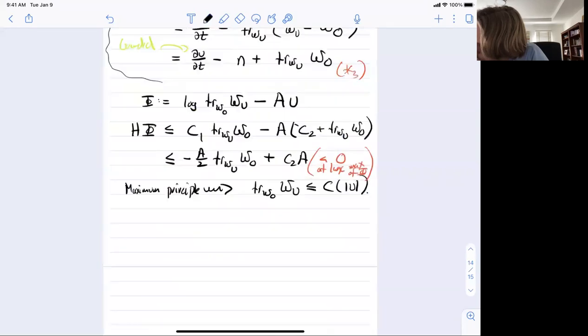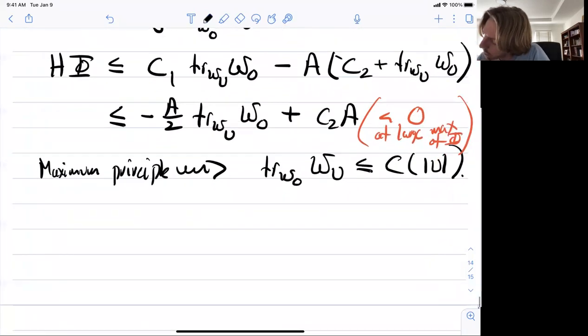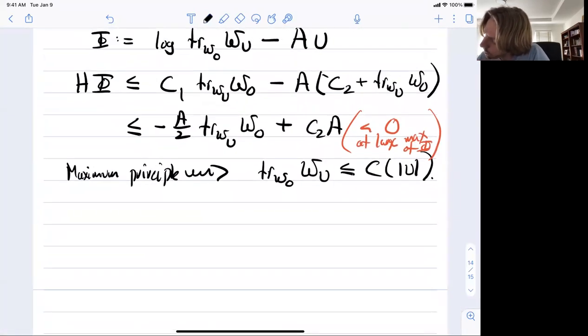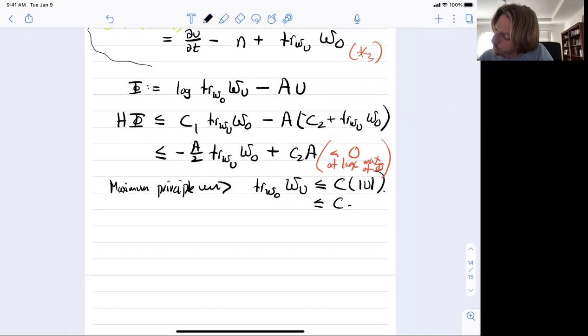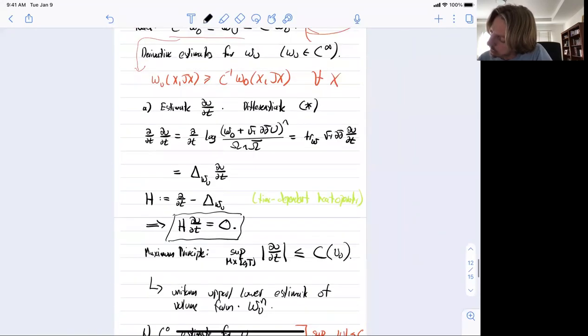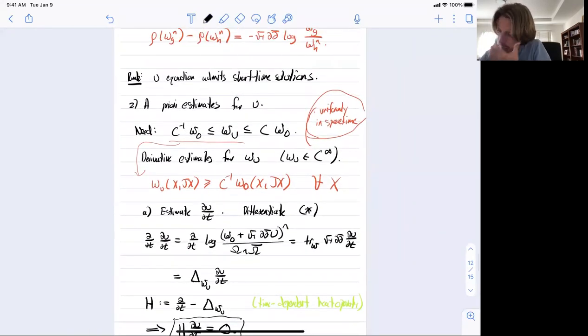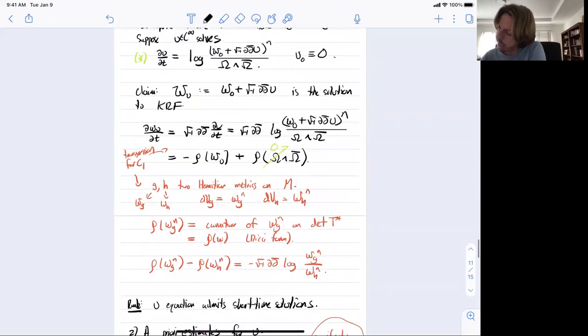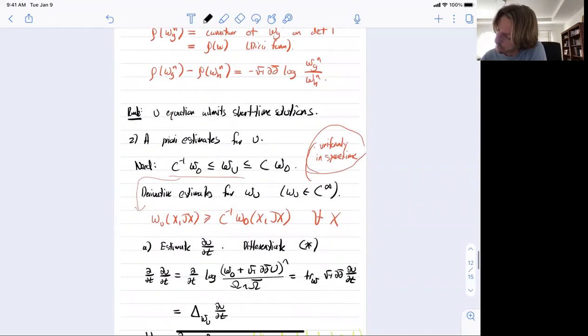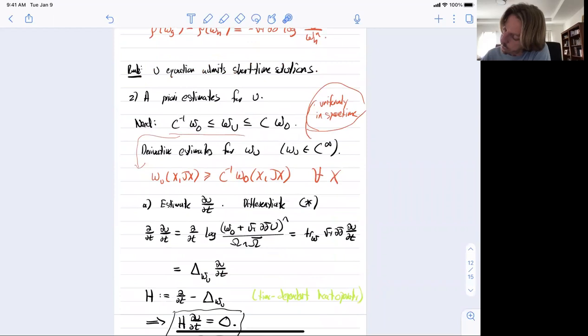Maybe I just write one more line. This maximum principle argument gives you an estimate for the trace in terms of u, but of course u is already bounded, so it's just uniform. As we just discussed, this is the end of the proof of this uniform equivalence of the metrics.